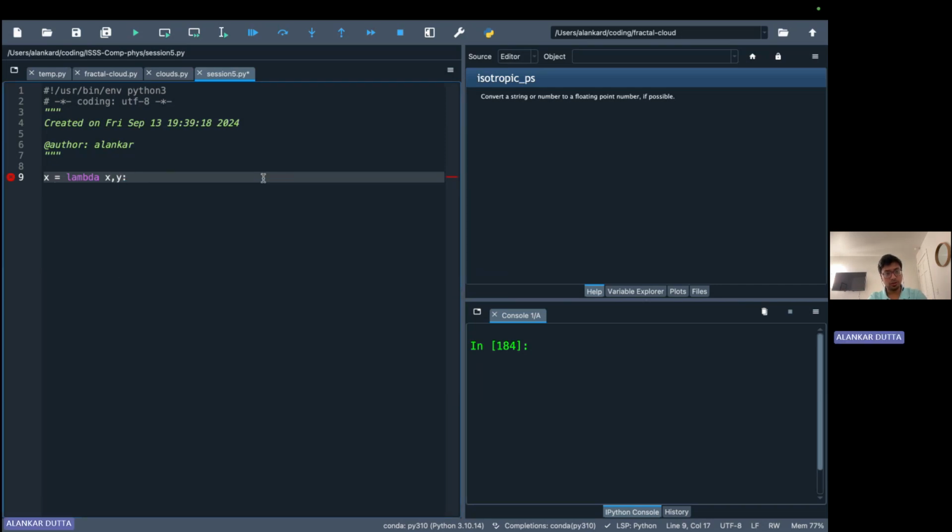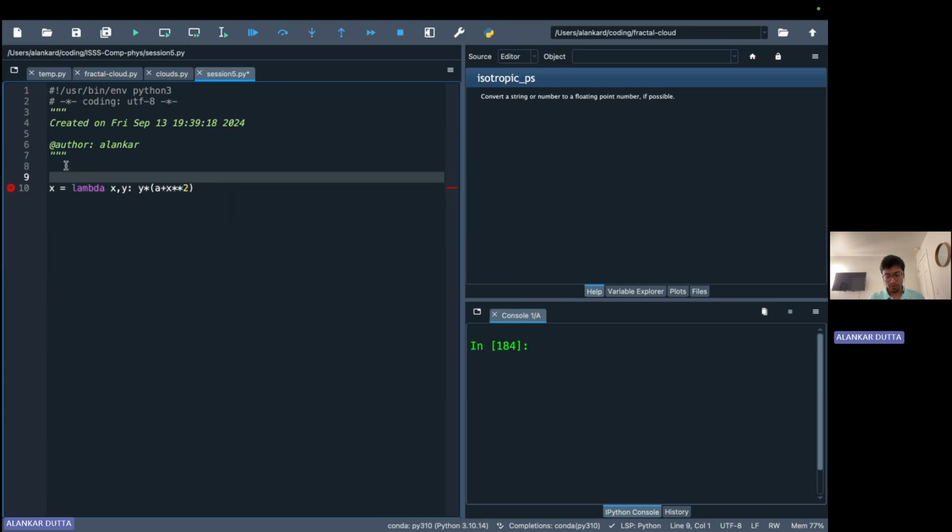These are the two things which we are taking in, and that is equal to y times a plus x squared, right? And I think I have already discussed lambda functions before.